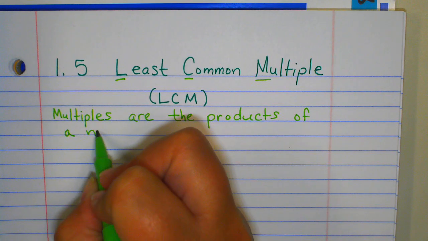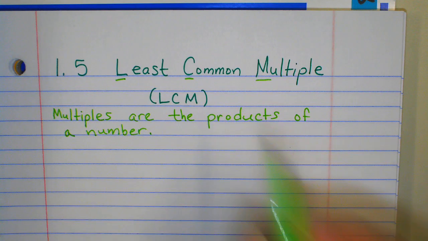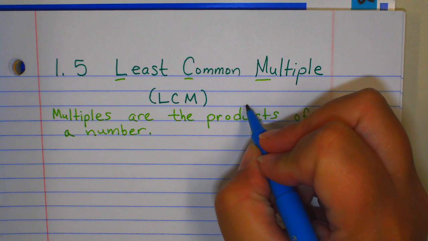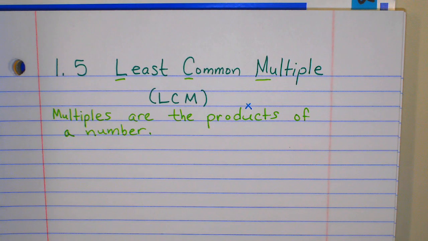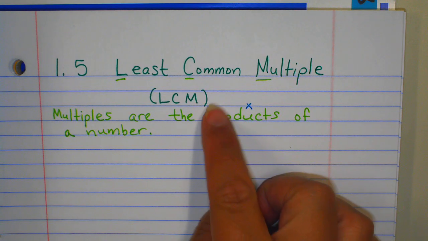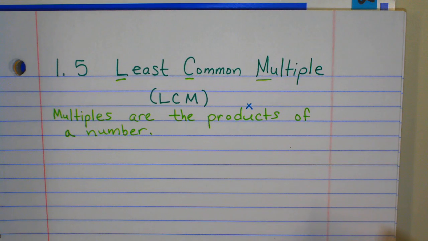One of the major differences between factors and multiples: with factors we were multiplying two numbers to equal another number. With multiples, we're thinking about all the numbers that come out of a number if we were to multiply it by another number.